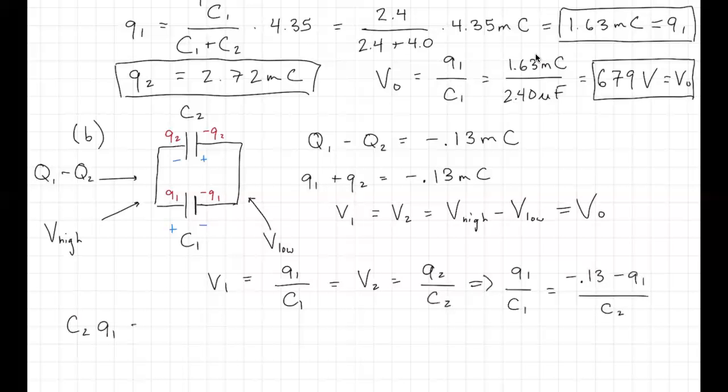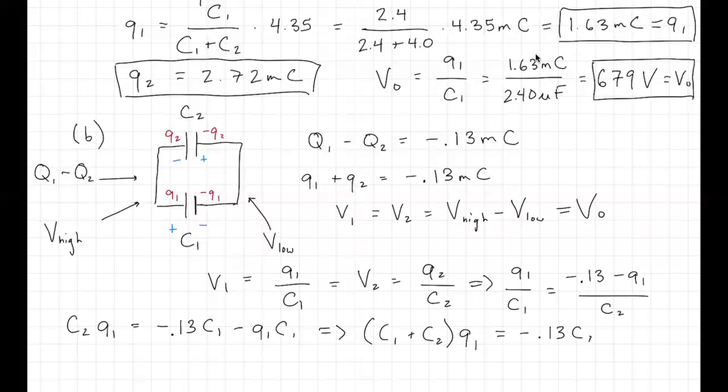So if I start grouping some things, C2 times Q1 equals minus, I guess I'll do it this way, minus 0.13 minus Q1, times C1. If I move the things to clump Q1, I get C1 plus C2 times Q1 is equal to minus 0.13 C1.